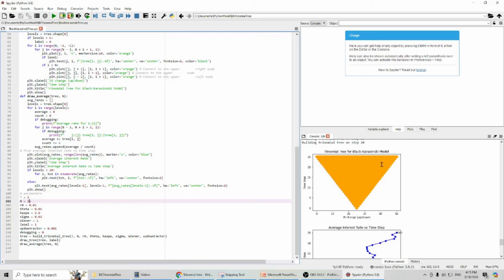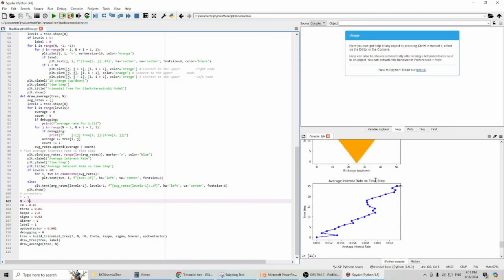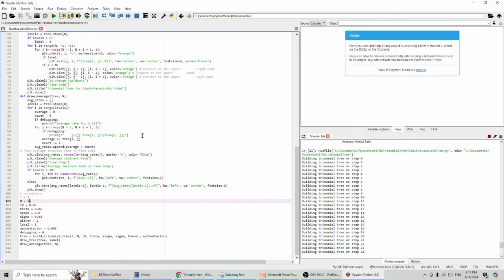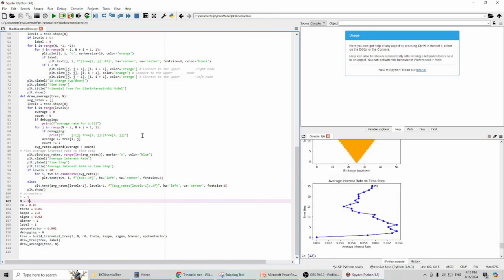I didn't put label here because even I put there, it's hard to read, and it shows something like this. And if you run it again, you can see it shows something like this. You can see this interest rate is trying to get to this 0.06, which we specified with theta, and it goes something like this.